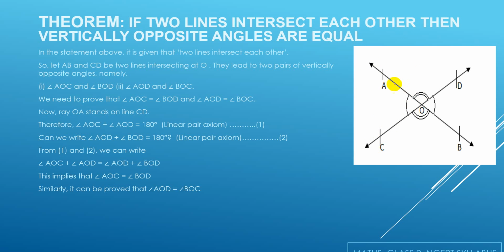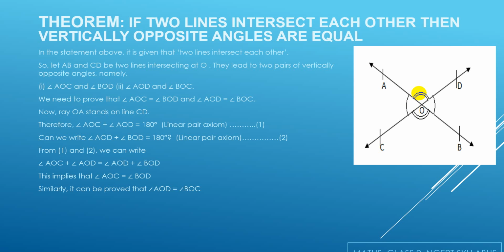Similarly, if I see the straight line AOB, then these two angles, AOD and DOB, are also equal to 180 degrees because they are forming on a straight line.